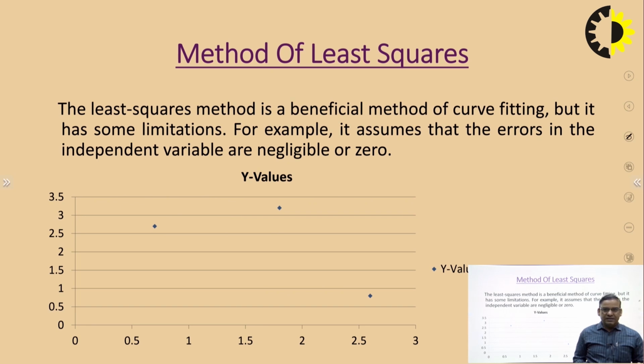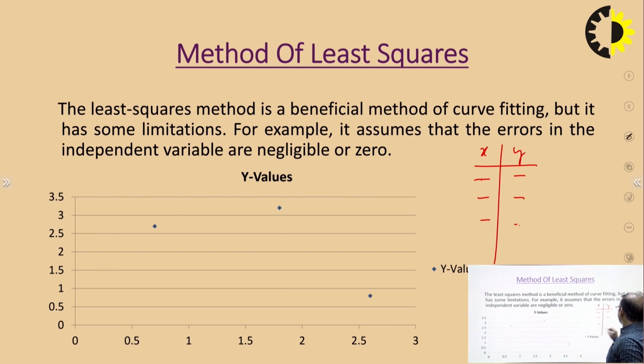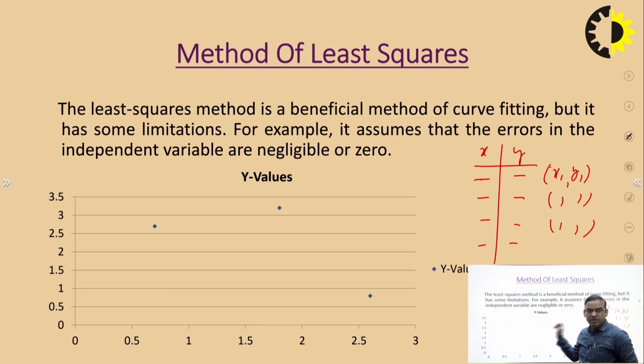Let us take an illustration of what the method is. As we are given data like x, y here, suppose there are some values. These values will create some coordinates like x1, y1 and so on, and then we plot these points here, and this will create a scatter diagram. Suppose the scatter diagram is like this, this point, this point, this point.